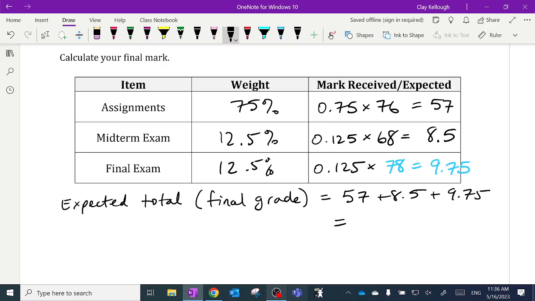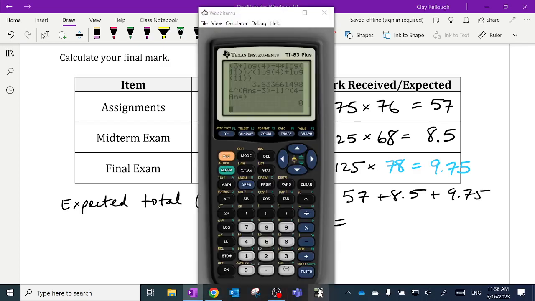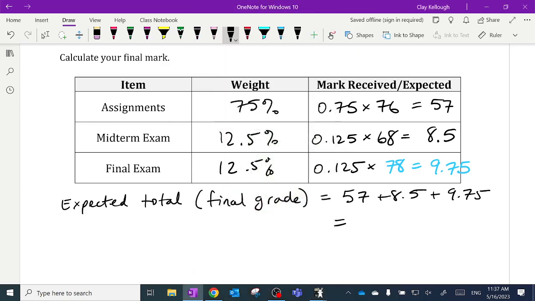Well, actually, that's not quite exact. Here, let's run that through. I just realized I don't remember if I rounded this or not. So let's see, clear. 57 plus 8.5 plus 9.75. Oh, yeah, it's 75.25. So, yeah, rounded, because we don't give you decimals of a grade. So that rounds to 75%.